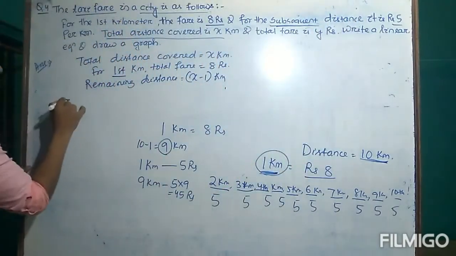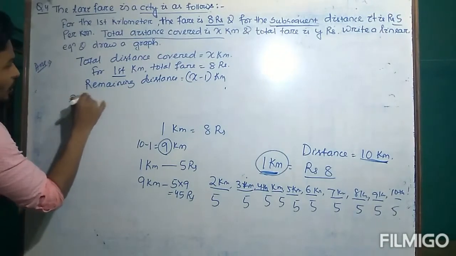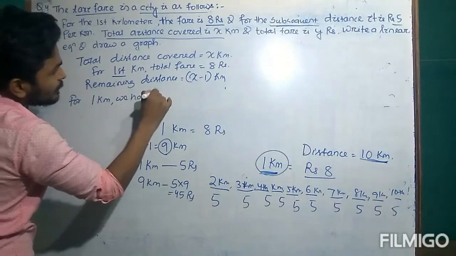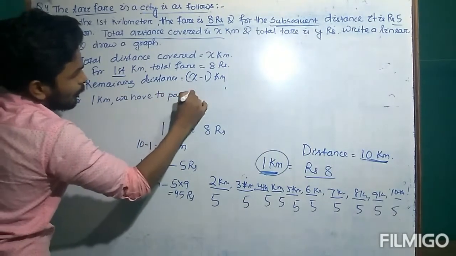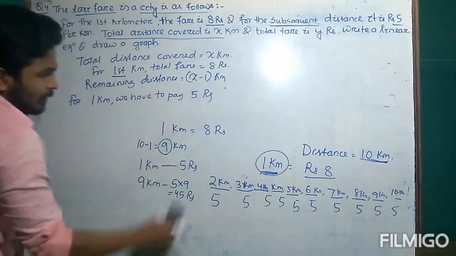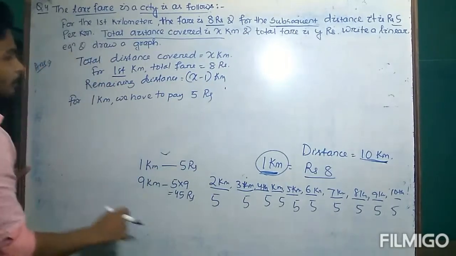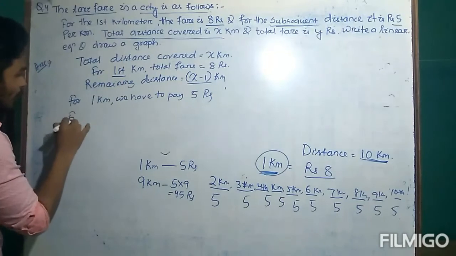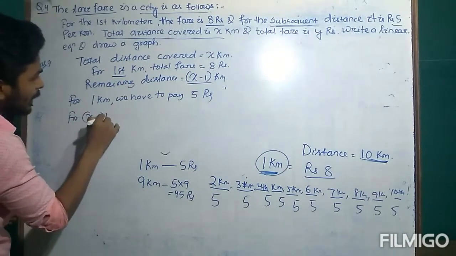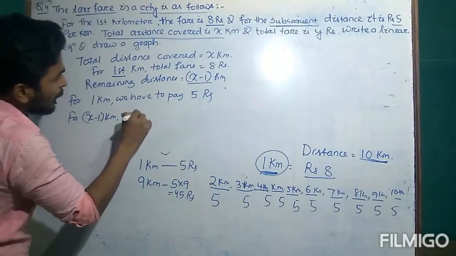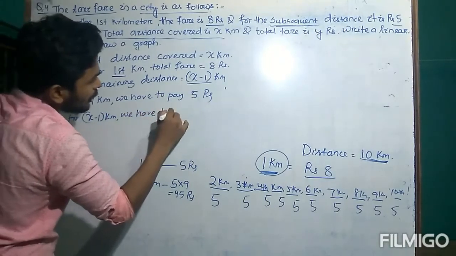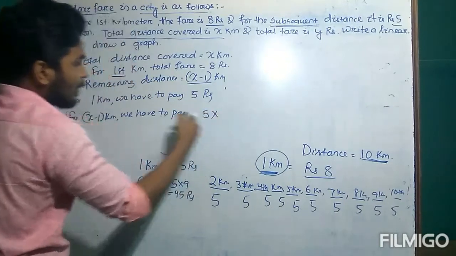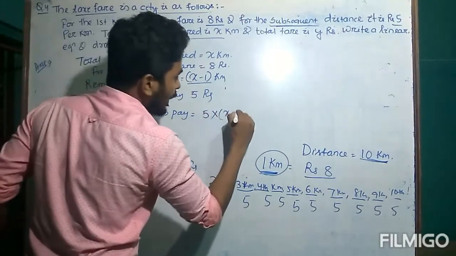For 1 kilometer we pay 5 rupees, but we have to cover x minus 1 kilometers. So for x minus 1 kilometers, the amount is 5 multiplied by x minus 1.